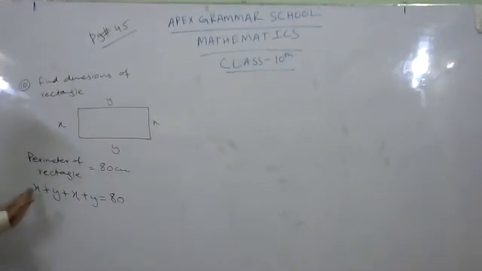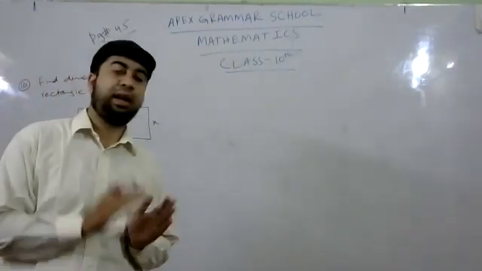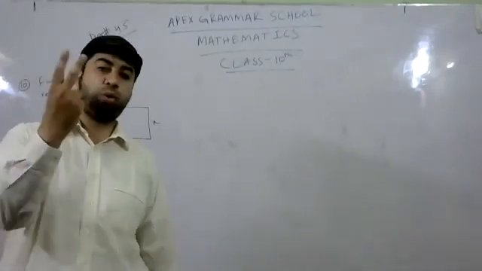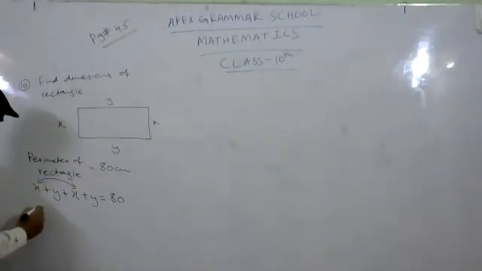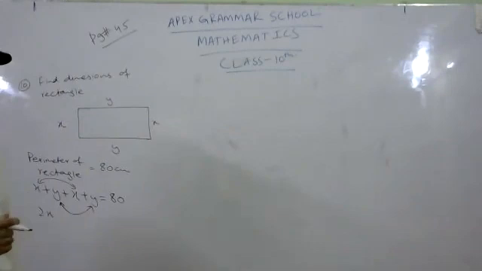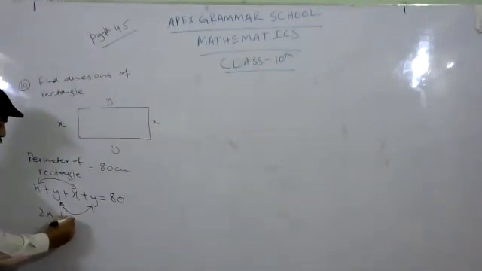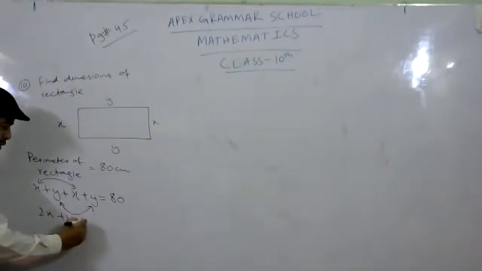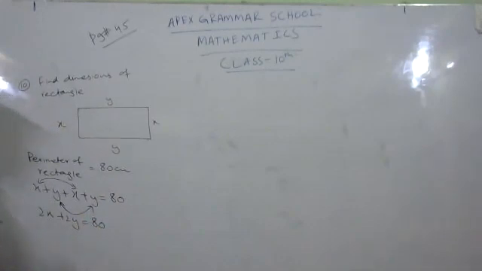So add the x plus x. What will be the answer of x plus x? X plus x is 2x. For y plus y the answer is 2y. So 2x plus 2y is equal to 80. We are doing this according to the given condition. So what is common here?